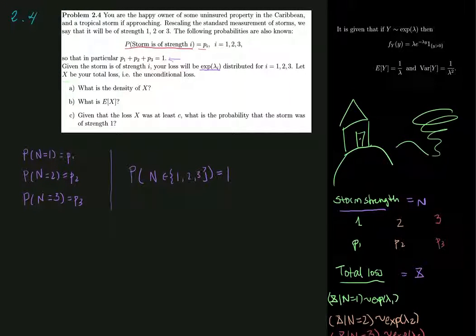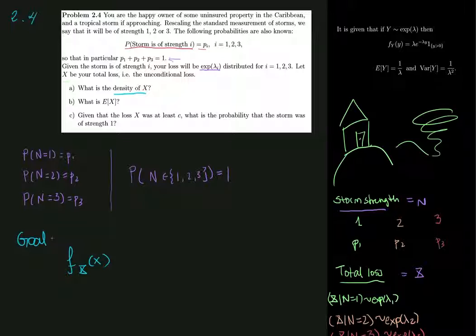Okay, so how can we use this to solve the problem? Let's first of all take a look at what we want to solve. We want to find the density of X, which we will denote f subscript capital X of x.